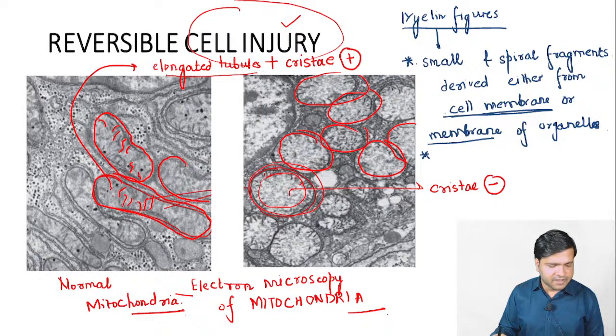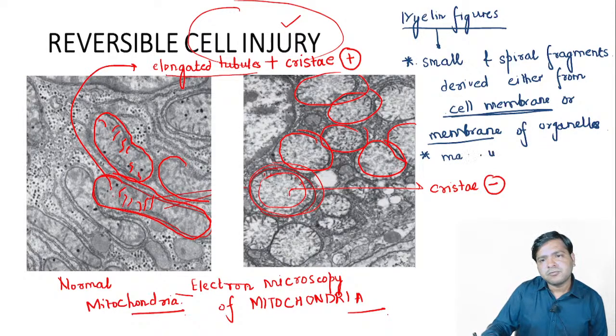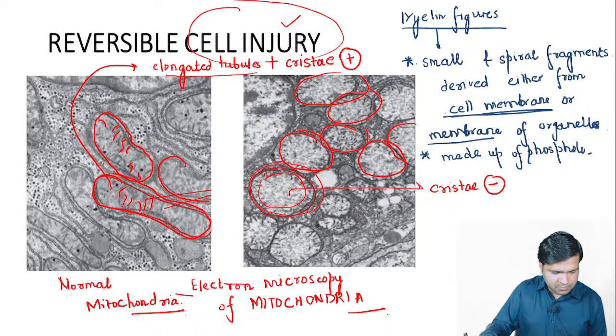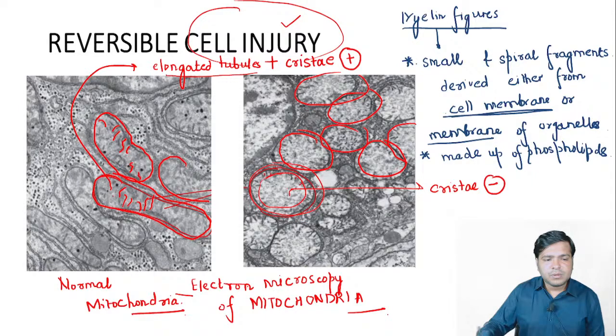Zobia, perfect. Ritika, perfect. So ultimately, these myelin figures, what will be the composition, guys? Again, it is made up of phospholipids. Now these phospholipids are degraded by which enzyme?